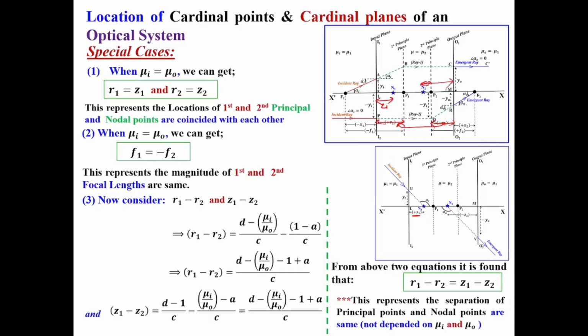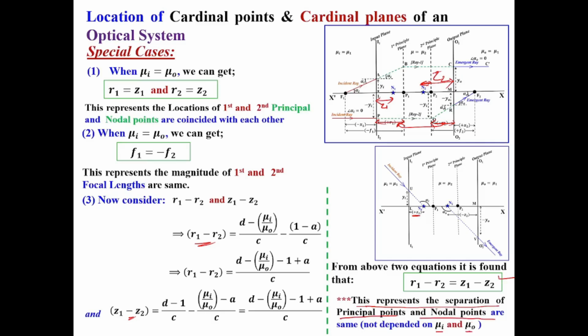So z1 minus z2 will be equal to r1 minus r2. Here I have written it. This represents that the separation of principal points and nodal points is the same, which does not depend upon mu I and mu O.